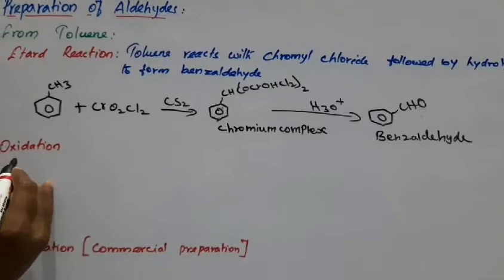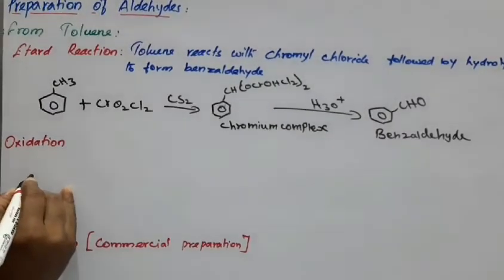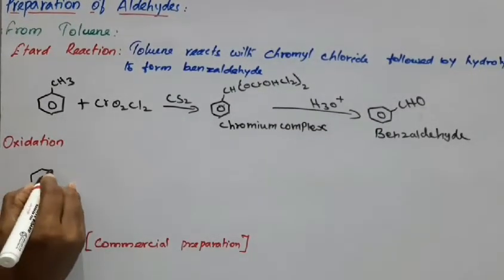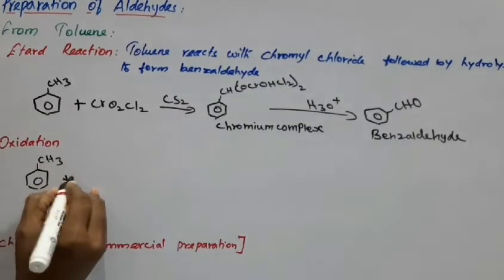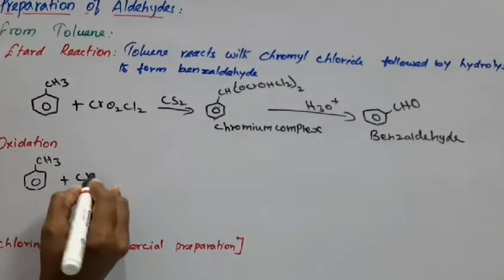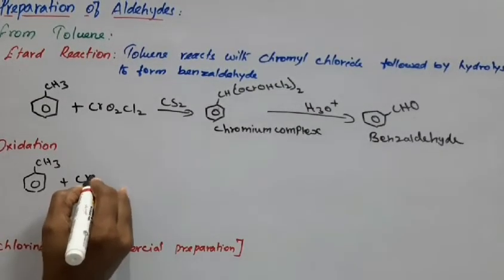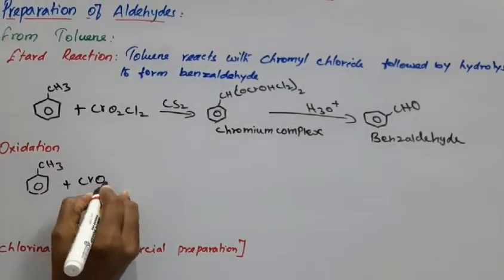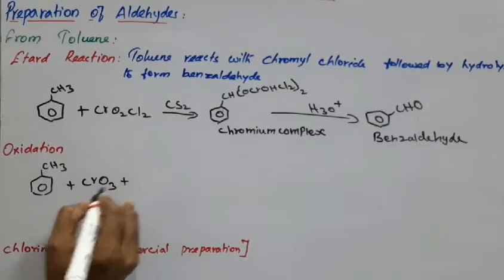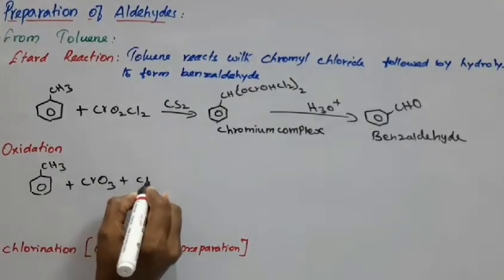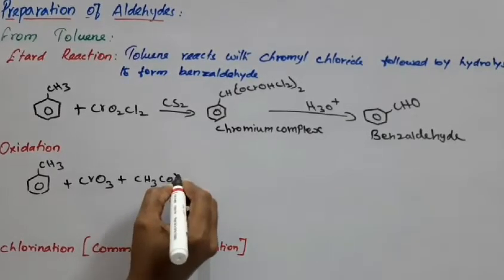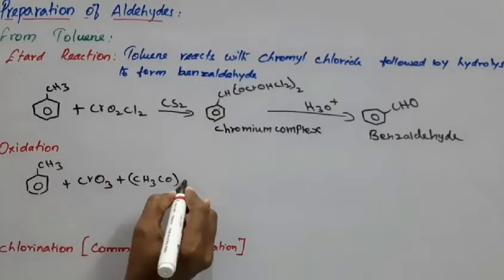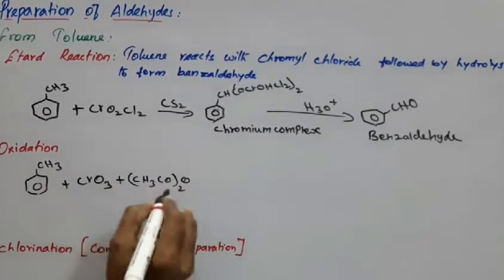Okay, for the oxidation reaction, the substituted benzene ring, or toluene, reacts with chromic oxide, CrO3, in the presence of anhydride, (CH3CO)2O. This is called anhydride.